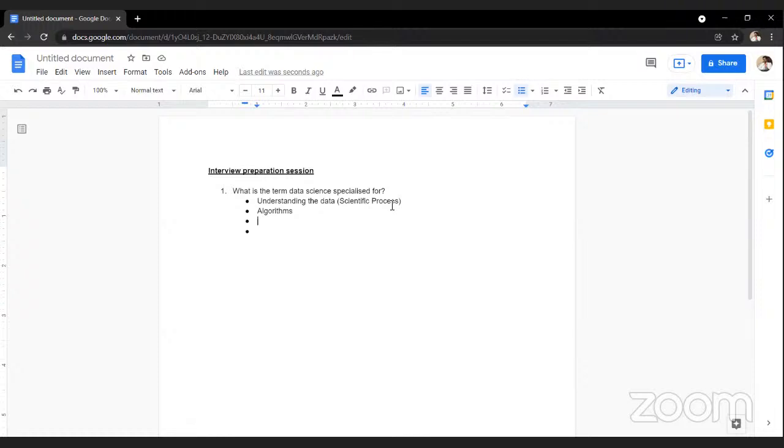For data science it doesn't matter how efficient you are with the language, but you need to be specific about which line of code is used when. That is what is important, so we will focus on that.